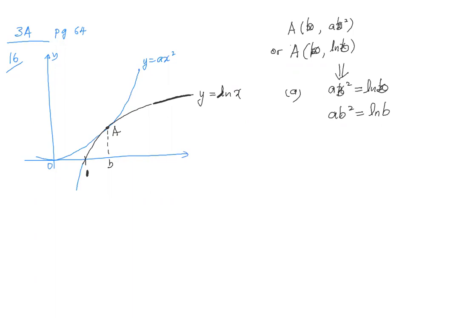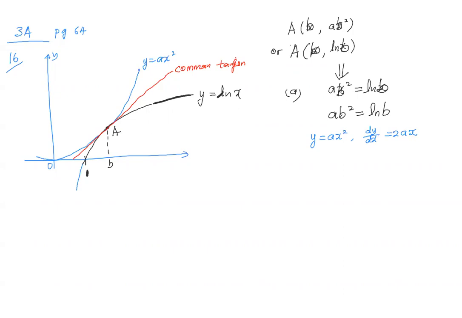And after that, they say 2a. So now, if you look at here, if I draw a tangent that passes through point A, this is called the common tangent. So for y equal to ax squared, dy/dx is equal to 2ax.